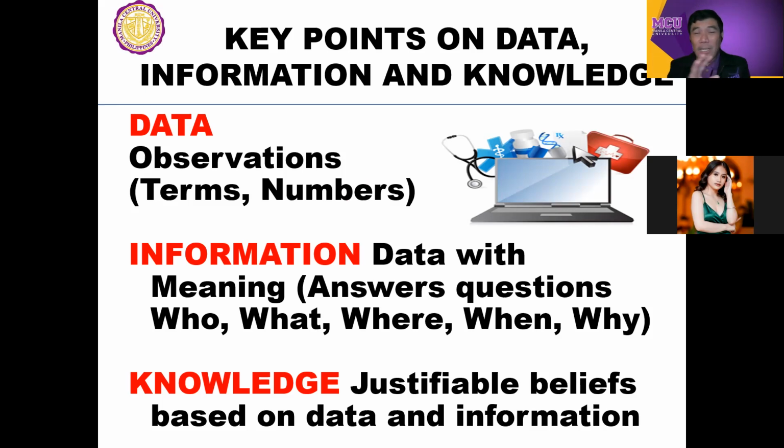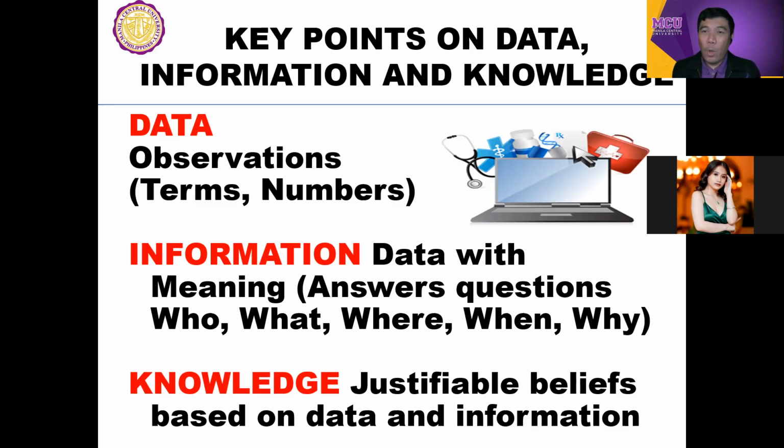So in that perspective, the data are terms and numbers, but the information gives us complete meaning. The information is data that are defined, data with meaning. Another typical example is demographic profile, gender.